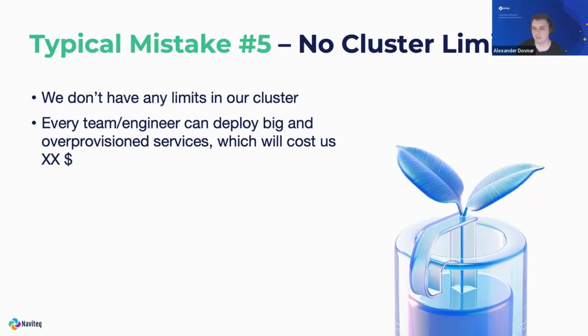If you don't have namespace-level limits, or limits on the cluster level on how many nodes or resources you can consume, it can have direct consequences on the real environment, the one you really need today.